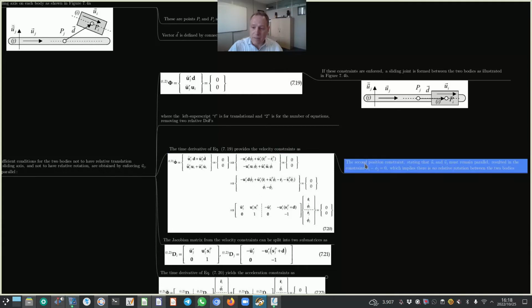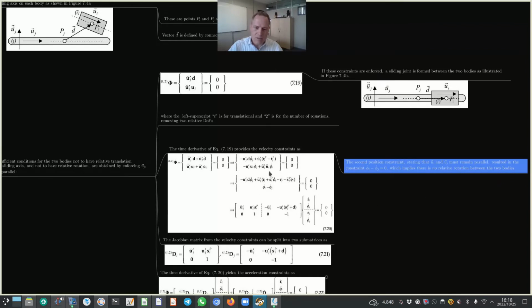The second position constraint, if I can refer you to 719, stating that ui and uj must remain parallel, resulted in the constraint phi dot i minus phi dot j equals 0, which implies that there is no relative rotation between the two bodies.